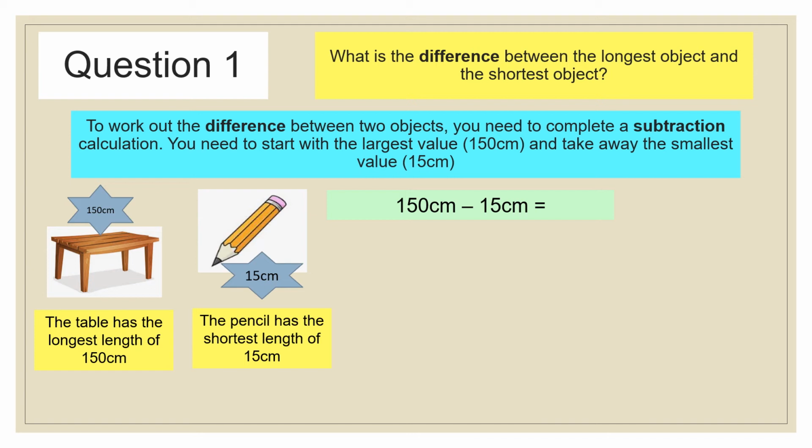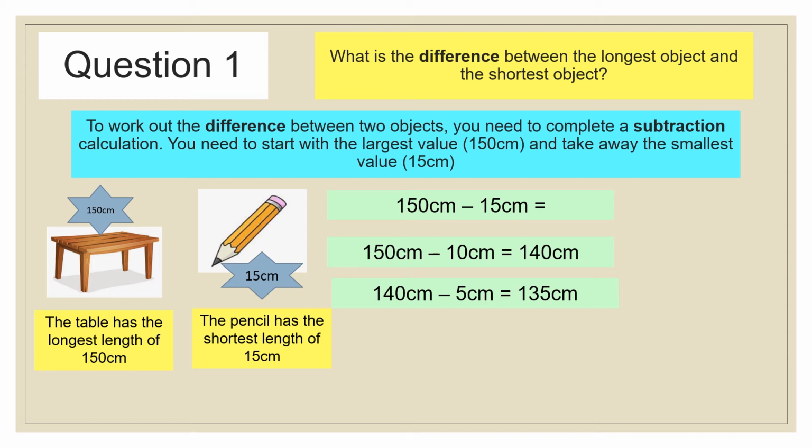To solve this calculation, I'm going to use the partition method. First of all, I'm going to split my 15 centimetres into tens and ones. So 15 centimetres is the same as 10 centimetres and 5 centimetres. So the first step is 150 centimetres take away 10 centimetres, and that gives us the answer of 140 centimetres. Next, carry that 140 centimetres to your next calculation and take away your 5 ones.